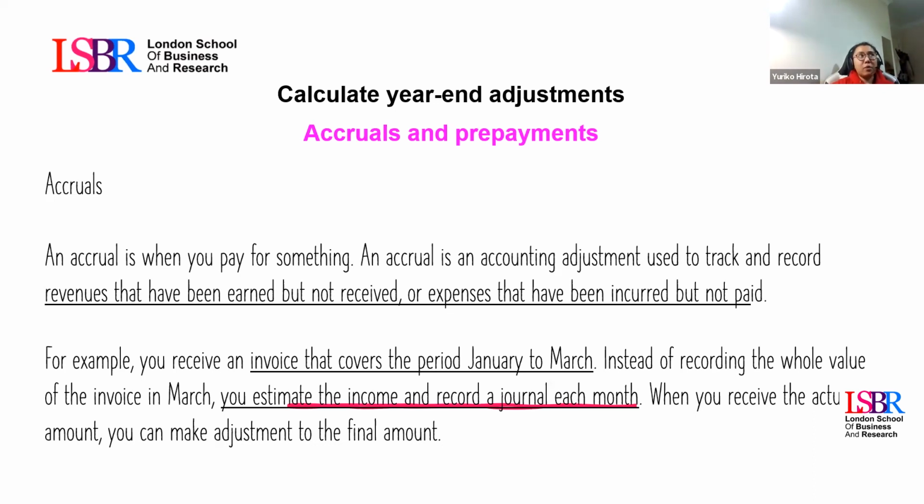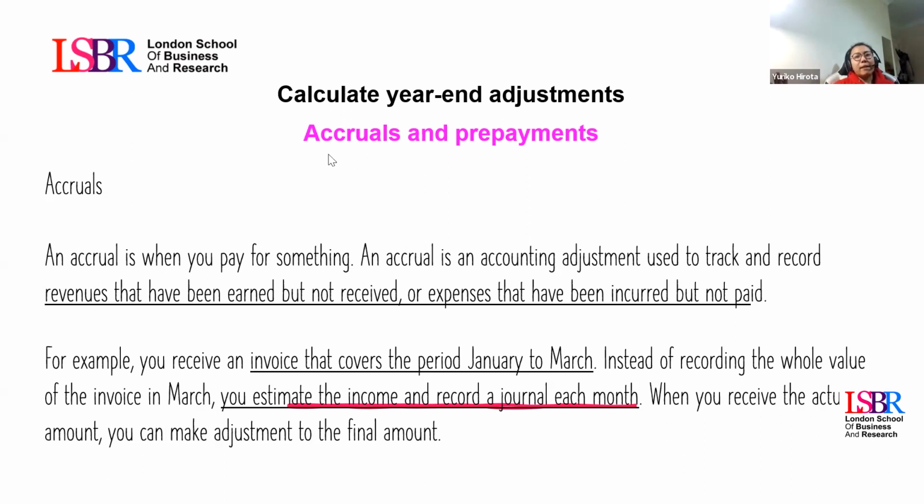So, for example, if we have a contract with a company, with a client, and that client says, okay, I'm going to pay you a certain amount of money in the next 3 months, we are recognizing the accrual.